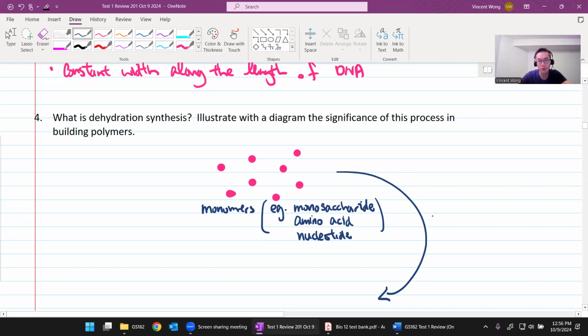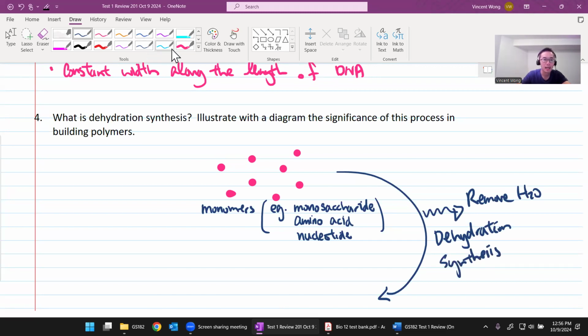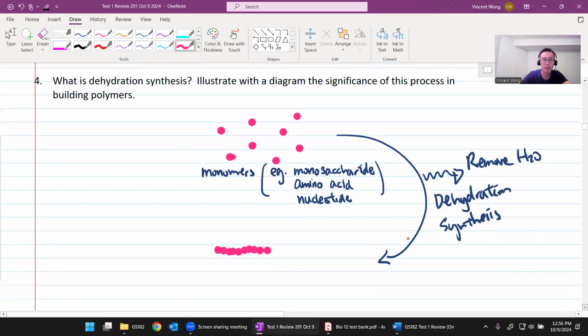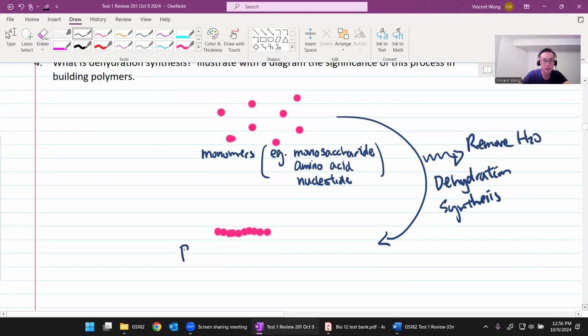In order for us to link them together, we are going to remove water. This process is called dehydration synthesis. In doing so, you will be able to join the building blocks together and you will get a polymer. Polymers would be like polysaccharides, and there are different kinds: cellulose, starch, and so on.